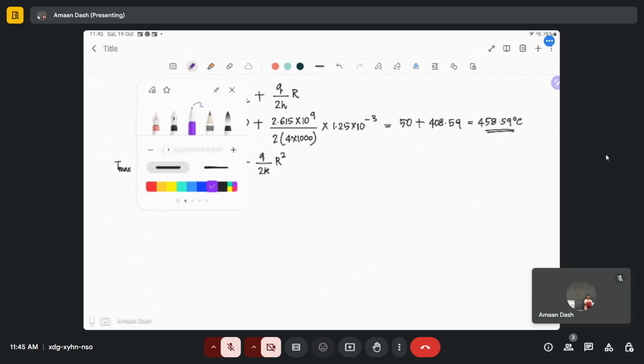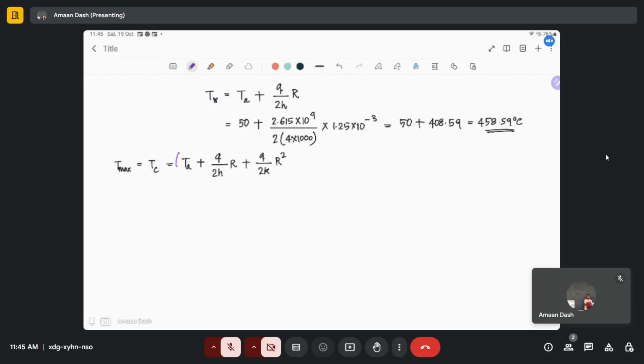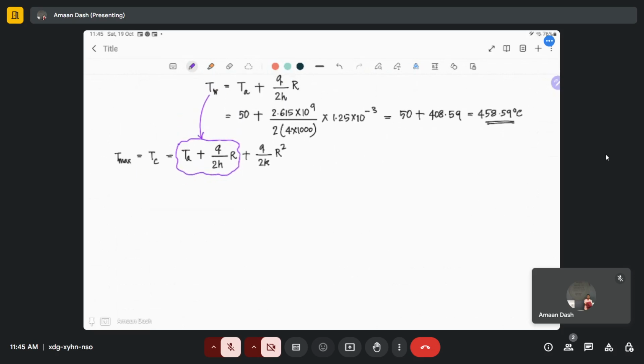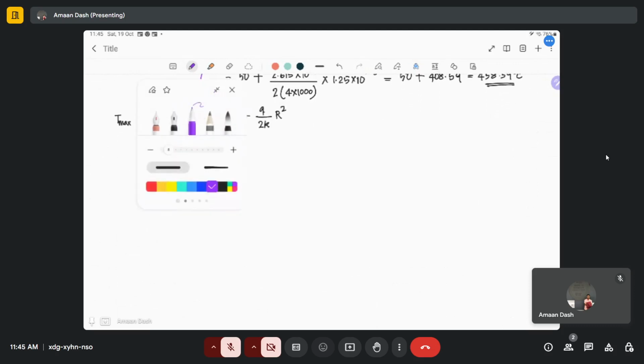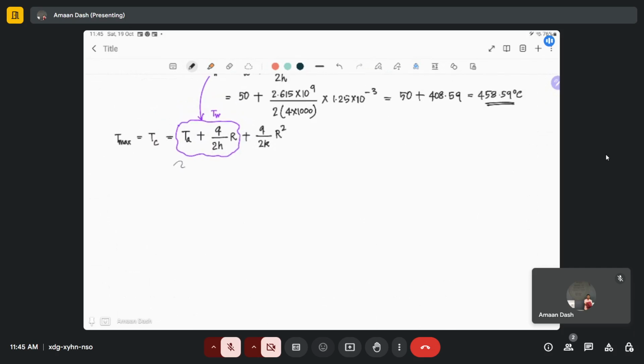And this thing is nothing but TW, right? So we can write this to be equal to TW plus Q by 2K times R square.